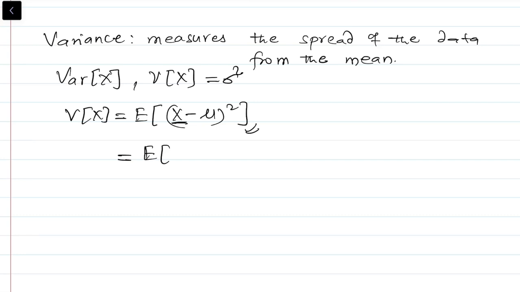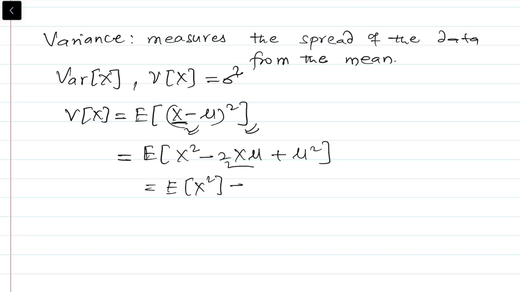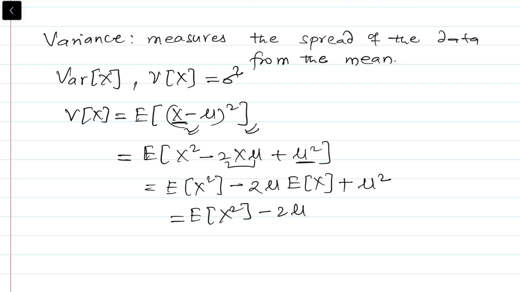So let's simplify the inner expression. This is x square minus 2x mu plus mu square. Now we can separate the terms. So expectation of x square minus, now 2 mu is a constant, so we can bring it outside of the expectation. So this is 2 mu times expectation of x, and the expectation of a constant is just the constant. Now we can write expectation of x equals mu, right?